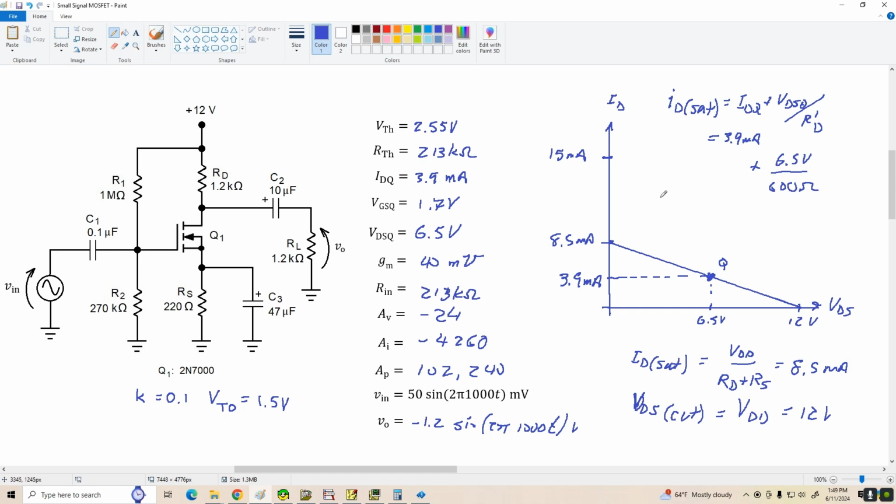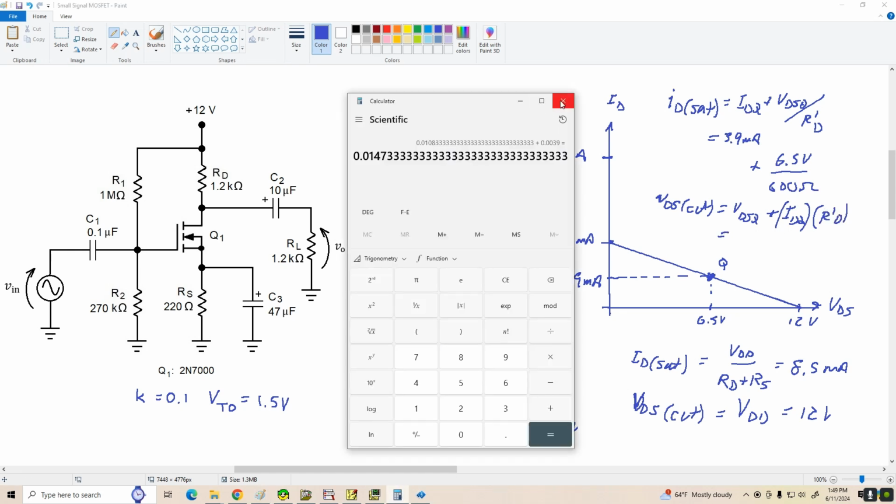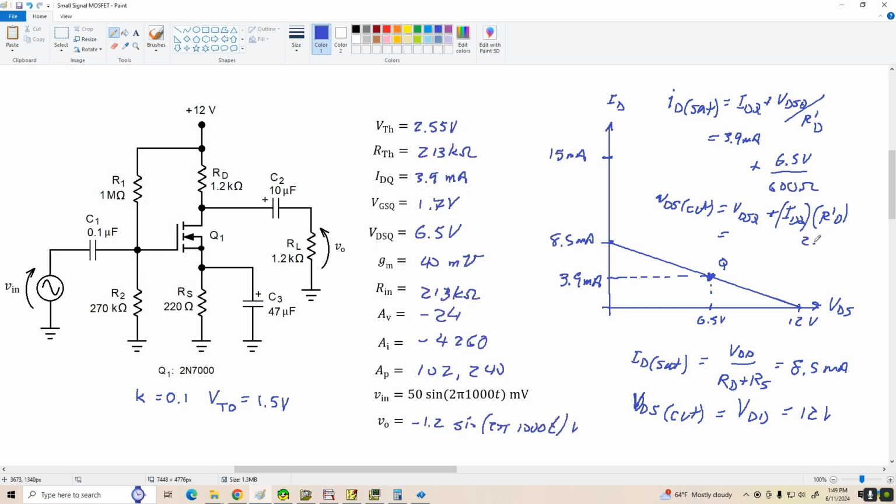And our VDS cutoff equals VDS at the Q point plus IDQ times R prime D. All right, so what do we get here? Let's see, IDQ was 0.0039 times 600, our R prime D, so 2.34, plus our VDSQ of 6.5 volts.